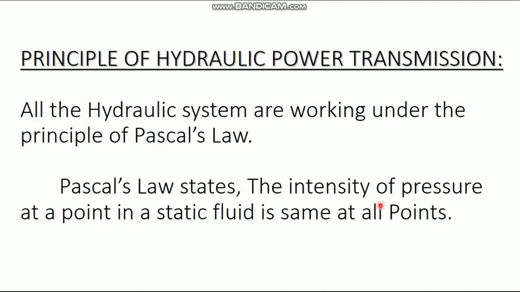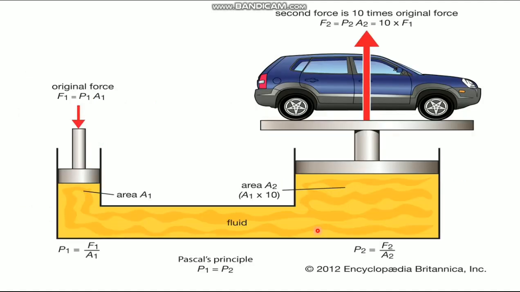This can be explained by an experiment. By means of this experiment we can explain Pascal's law. For this experiment we need two cylinders, one a small cylinder and another a large cylinder. These two cylinders are connected by means of a tube.